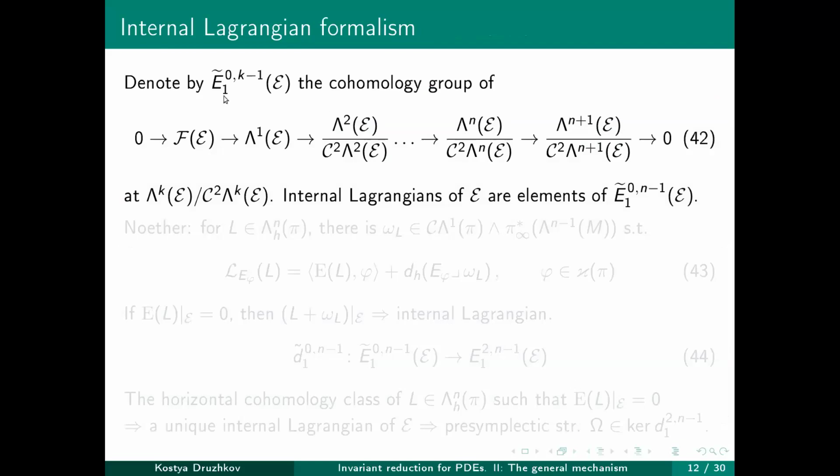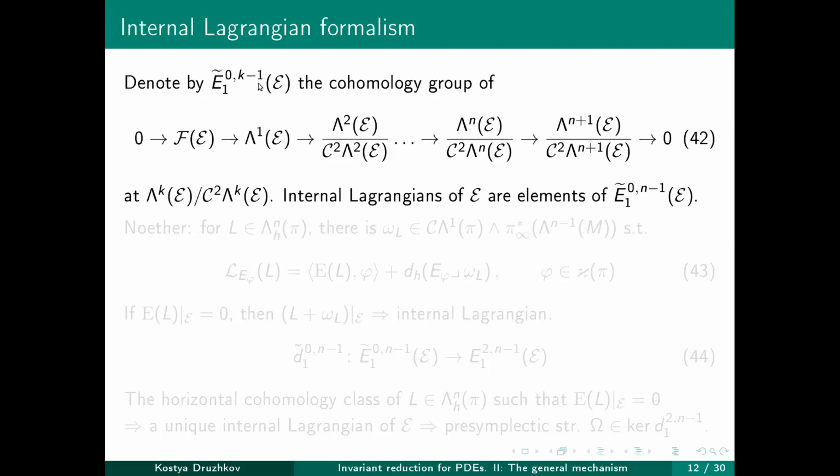Well, denote by E tilde 0 k minus 1 1 the cohomology group of this complex at the term lambda k over C2 lambda k. Here, let me note that the total degree is k minus 1, while representatives of this element are given by k forms. So roughly speaking, tilde means +1 in terms of form degree.